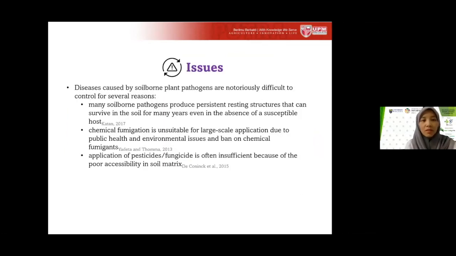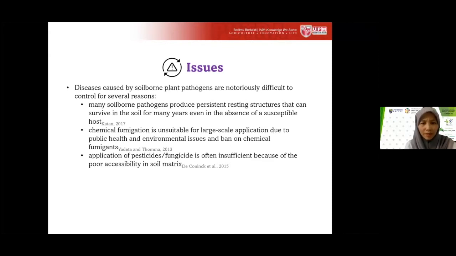Diseases caused by soil-borne pathogens are notoriously difficult to control for several reasons. Many soil-borne pathogens produce persistent resting structures, such as chlamydospores, that can survive in the soil for many years, even in the absence of susceptible hosts. Control measures using chemical fumigation are unsuitable for large-scale application.